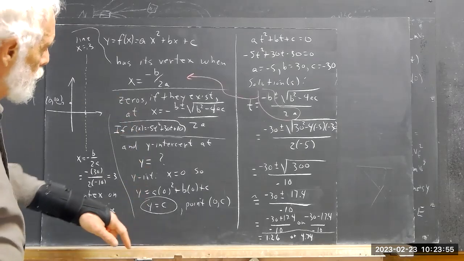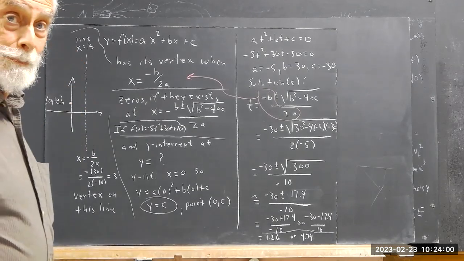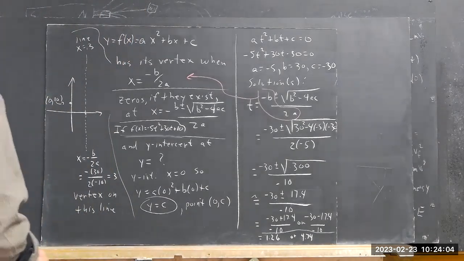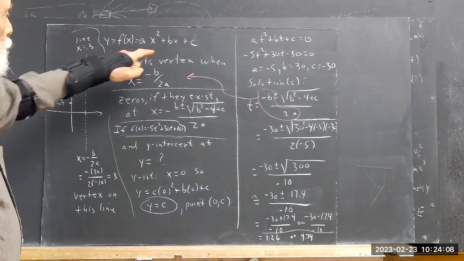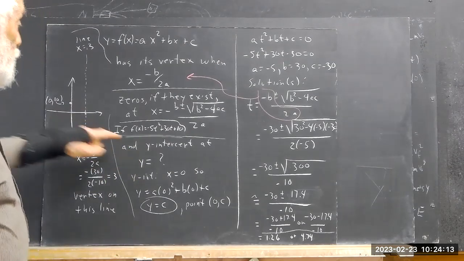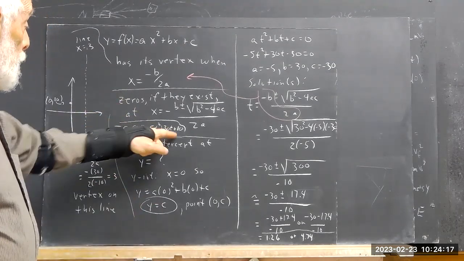Now what we want to do is find the y coordinate of the vertex, which means we're going to plug x equals 3 into our function, because x at the vertex is 3. We just want to find y.